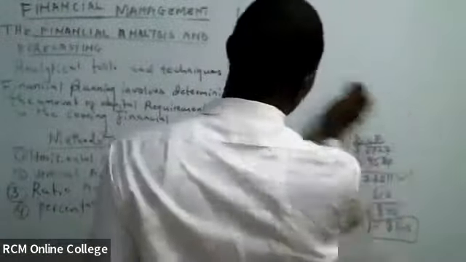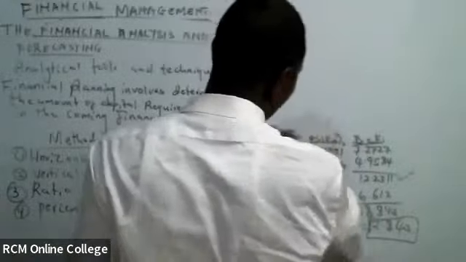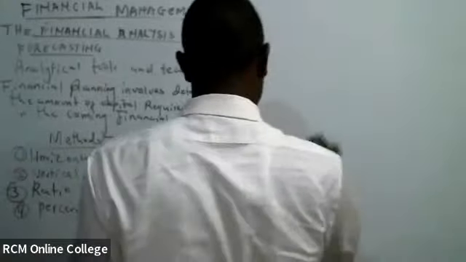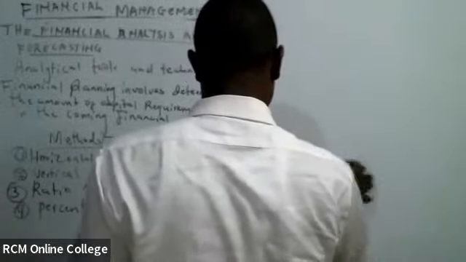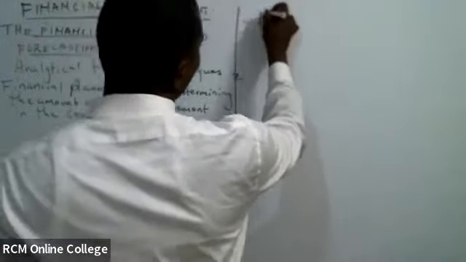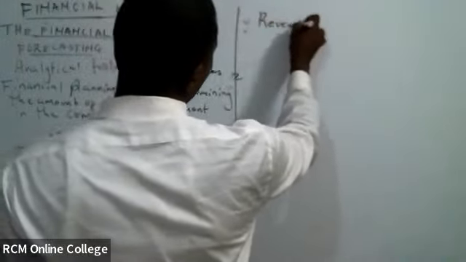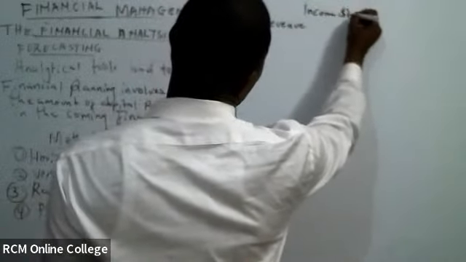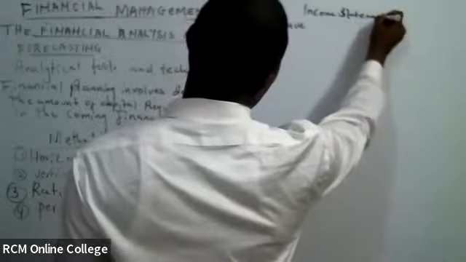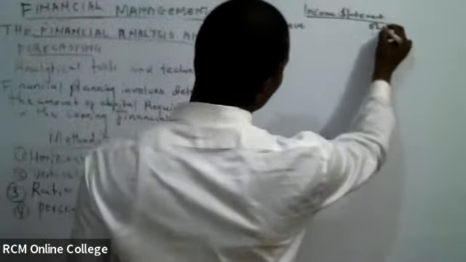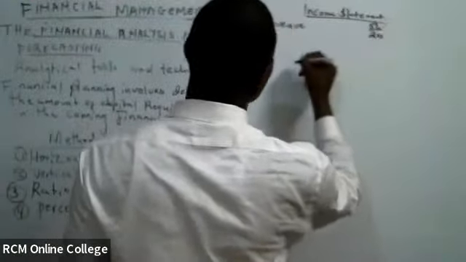So this is the simplest method. If I have my income statement, I have revenue here of 20.